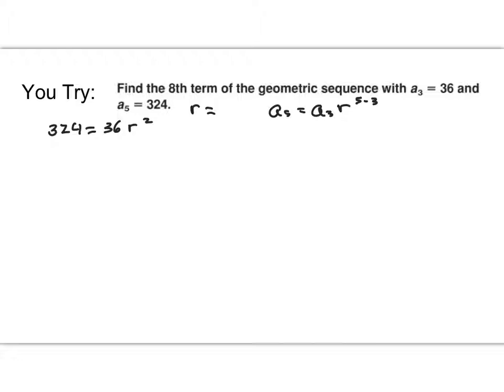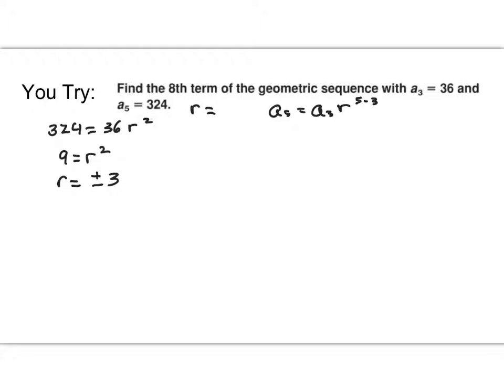Okay, 9. So 9 is equal to r squared. That means that r is equal to, be careful here, plus or minus 3. Remember, if I take the square root of something, then I have to account for the positive and negative values of that. Okay, so the ratio could be plus or minus 3.